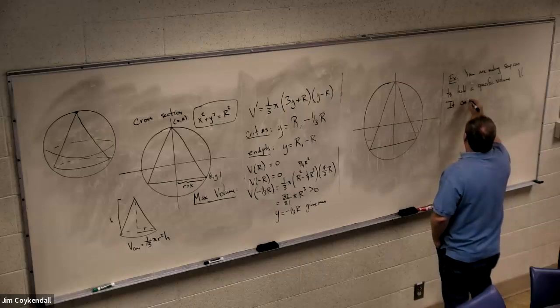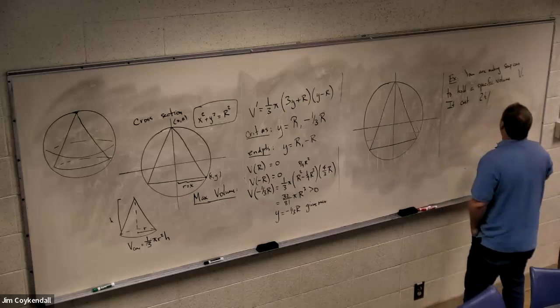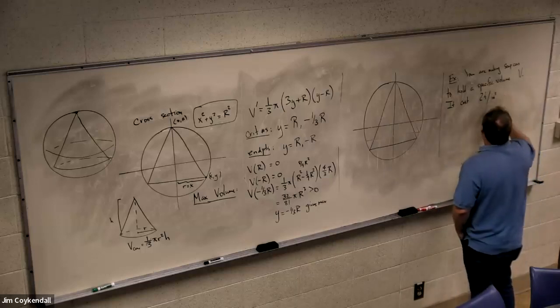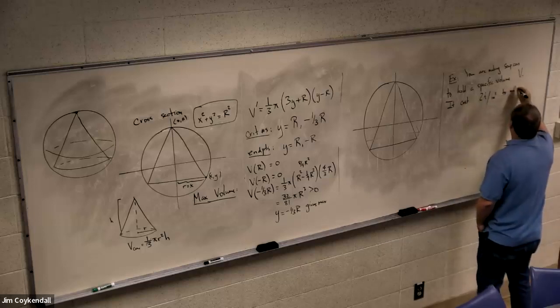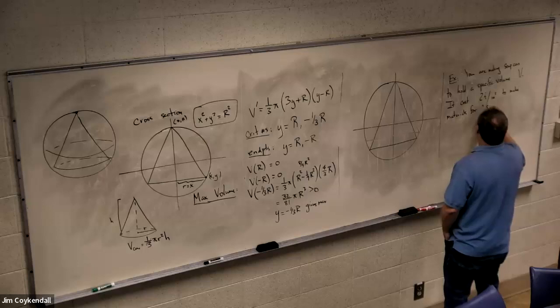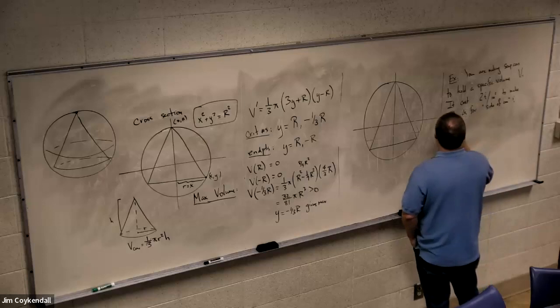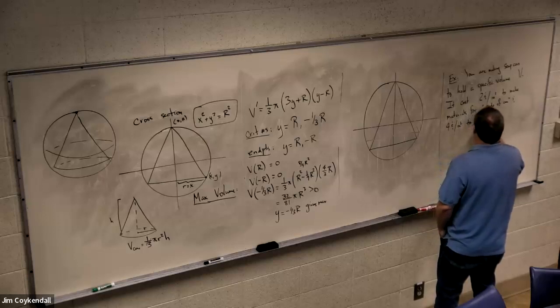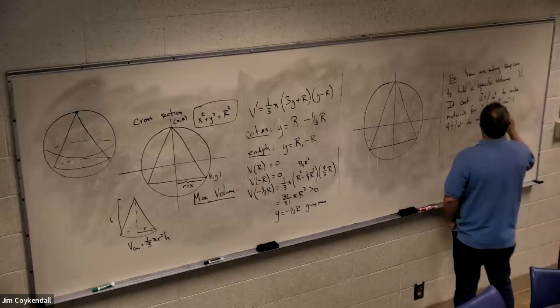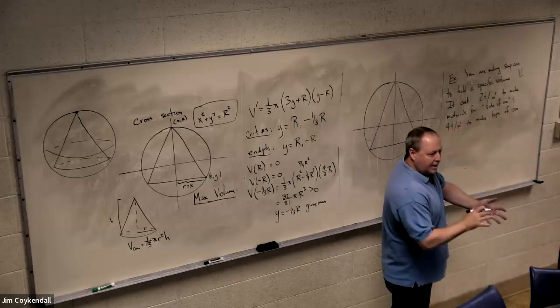It costs 2 cents per square inch to make the side material and 4 cents per square inch to make the tops. And by tops, I mean the top and the bottom.